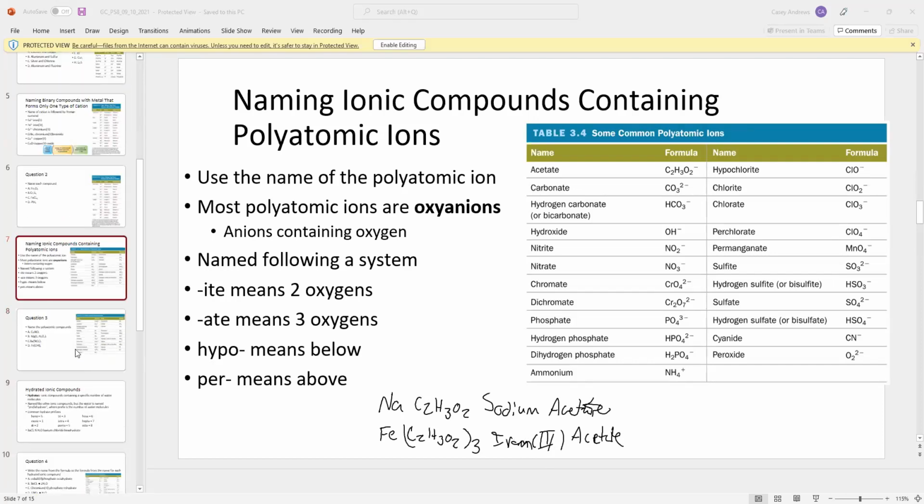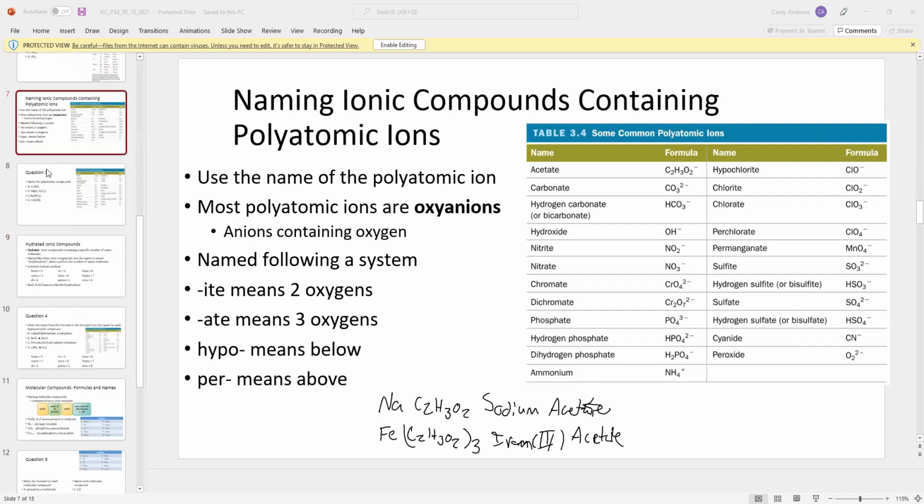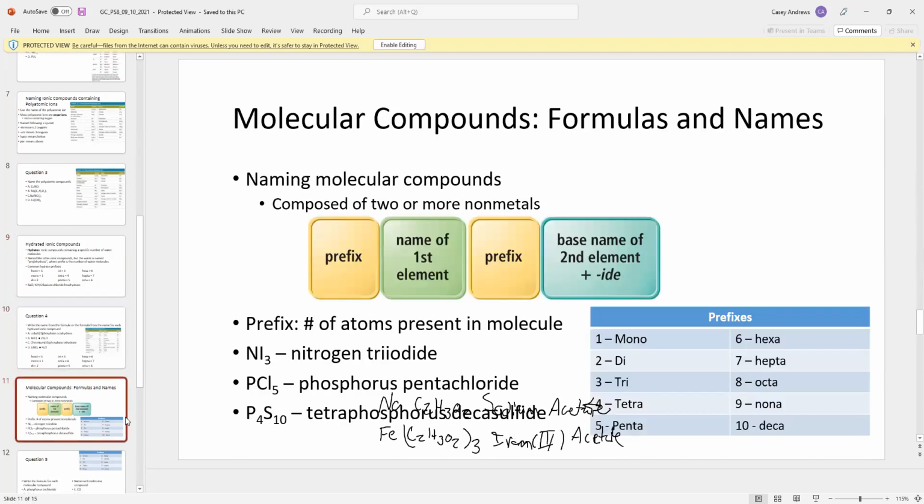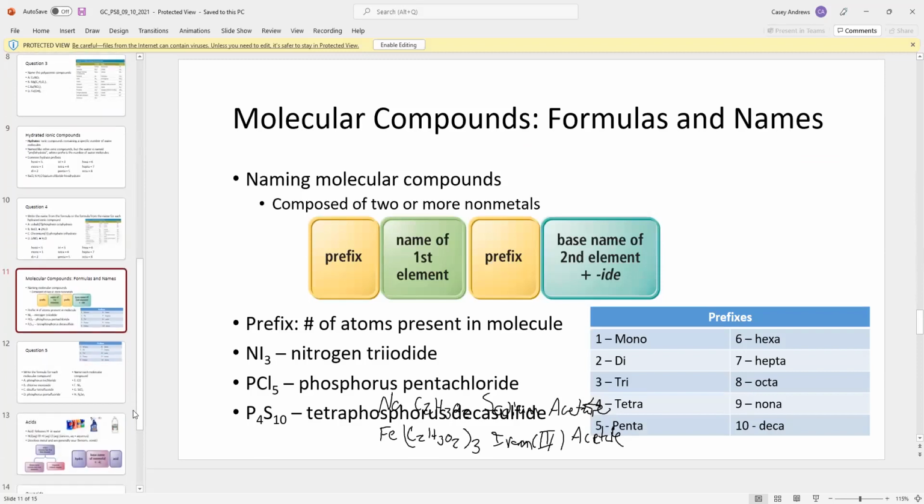For hydrated compounds, that's when you use hemi, mono, di, tri, tetra, penta for the number of waters. And if it's all nonmetals, you just use prefixes. So, as I have here, nitrogen and 3 iodides, nitrogen triiodide.